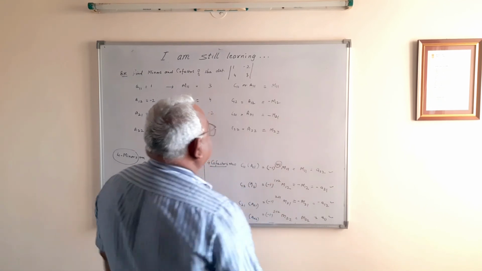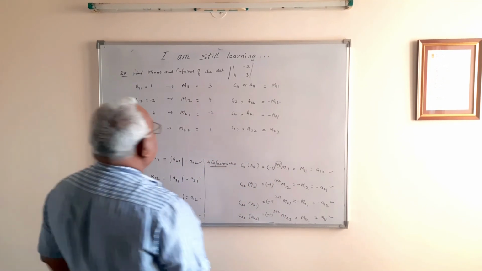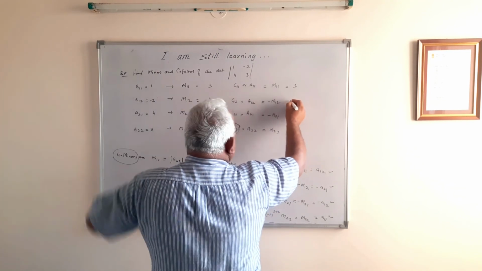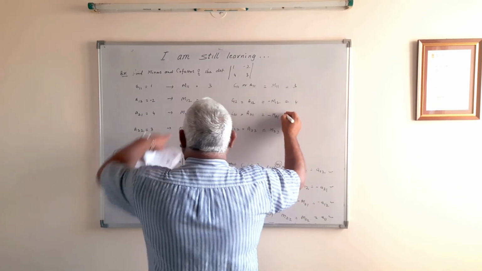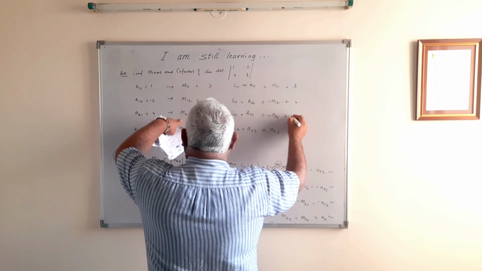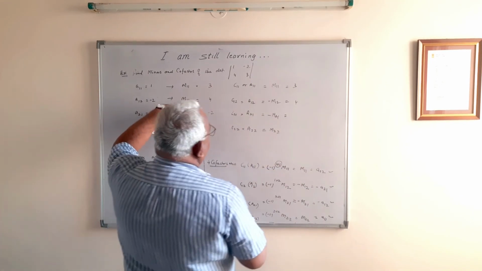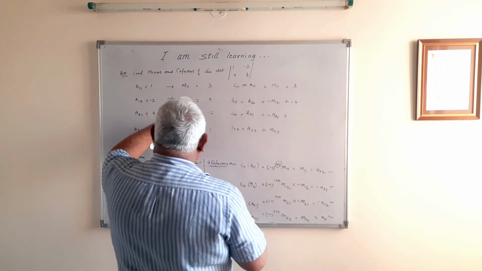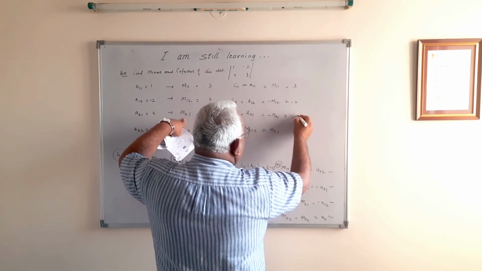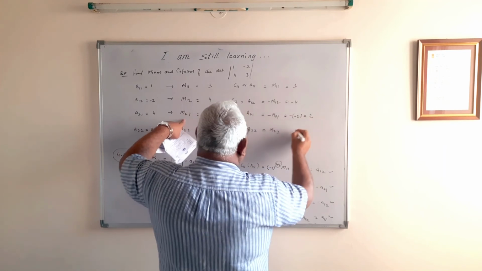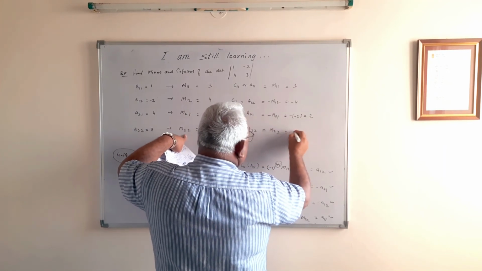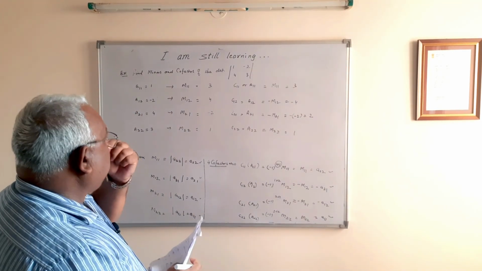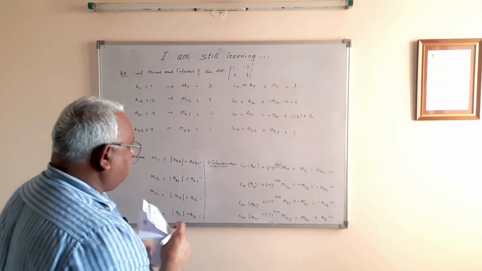This is what I explained to you. M11 you have already written as 3, then M12 is 4. This is just for the beginning. M12 is 4, and then minus you have to put, and this is negative, so negative of -2, which is +2. M22 is, be careful about the sign. Once you commit a mistake, then your whole thing will go.